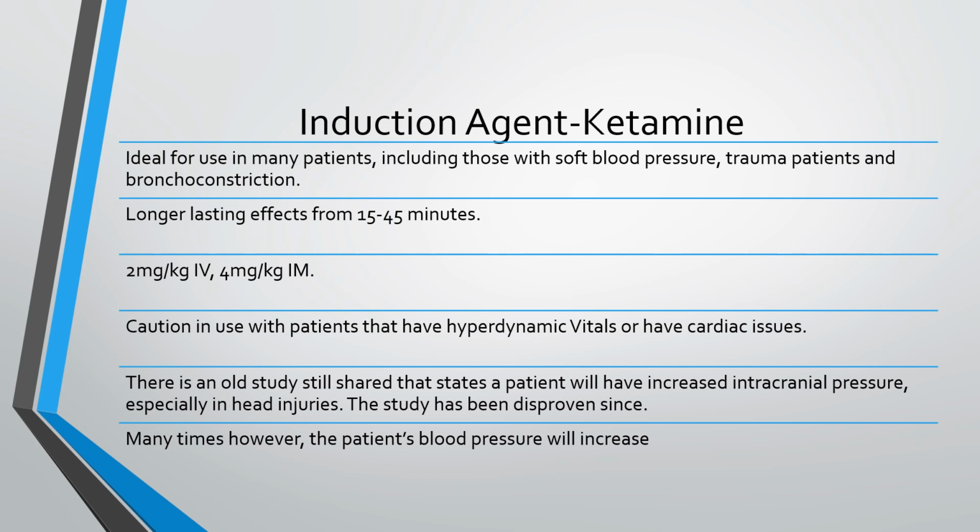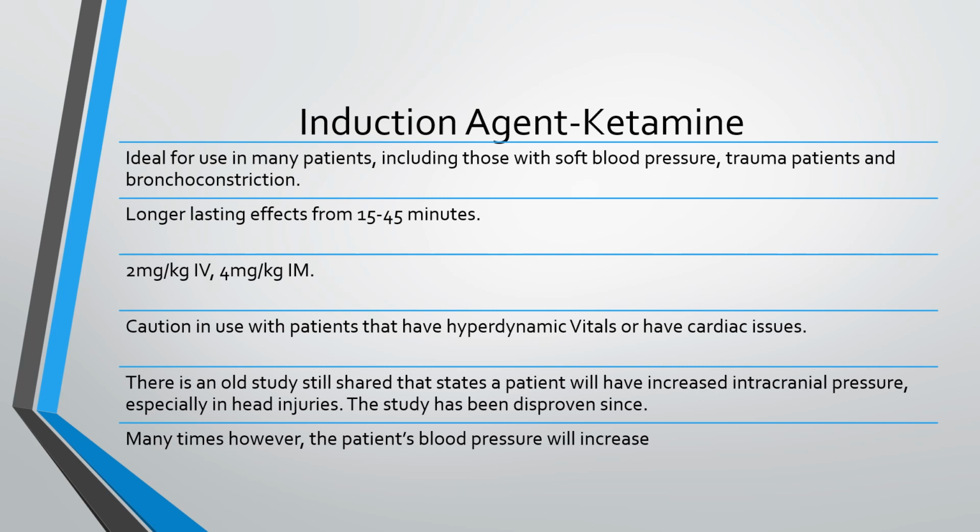Our doses for ketamine are going to be 2 milligrams per kilogram IV, 4 milligrams per kilogram IM, and it lasts roughly 15 to 45 minutes, and I've seen it last both of those. Many times we do see that. I'd say a decent average is somewhere between 25 to 30 is what I run into.